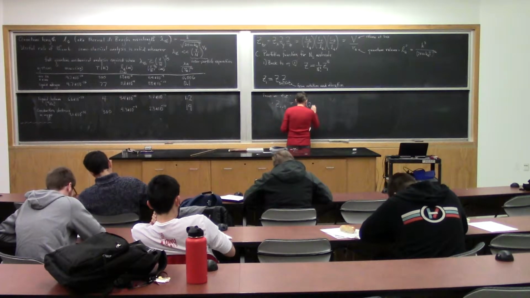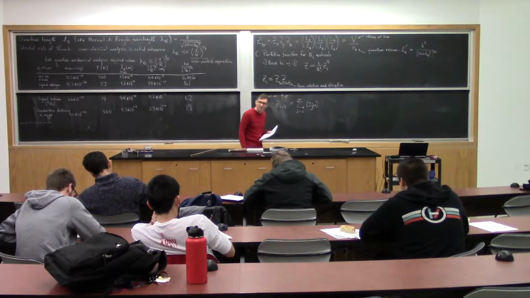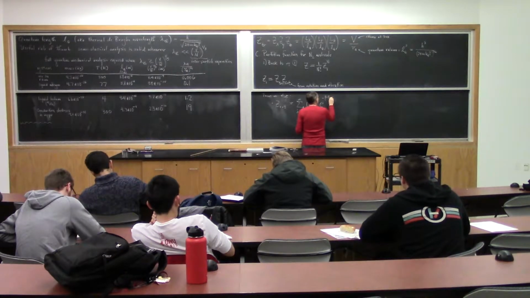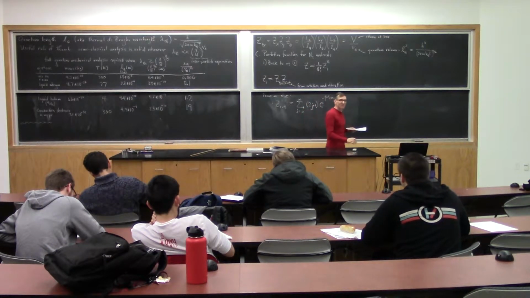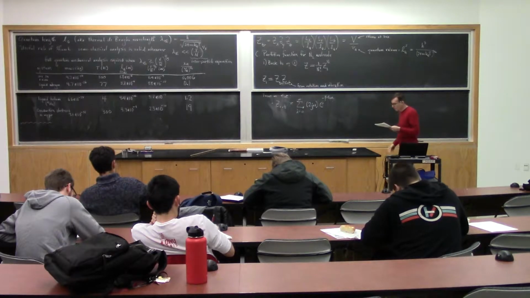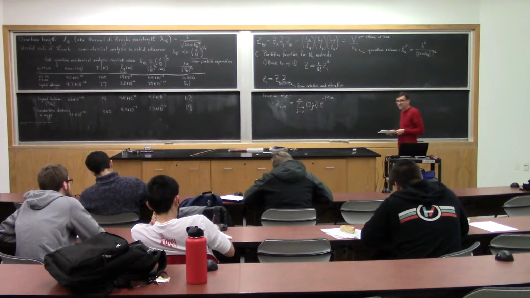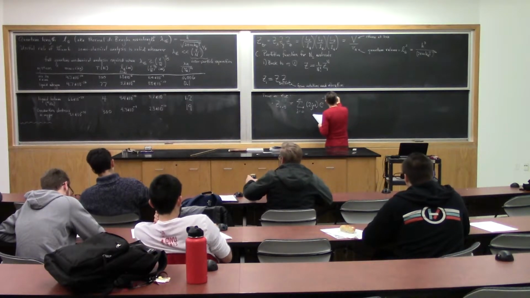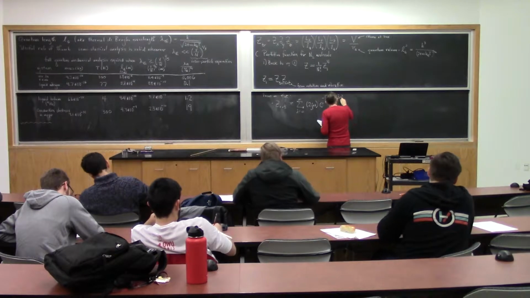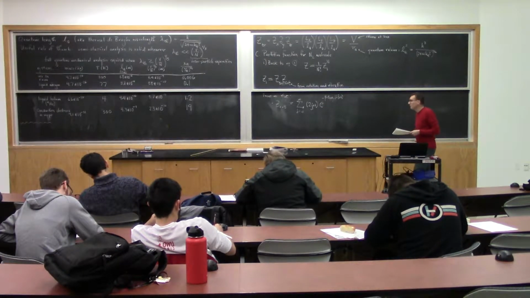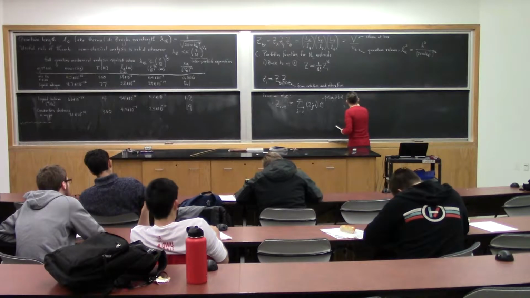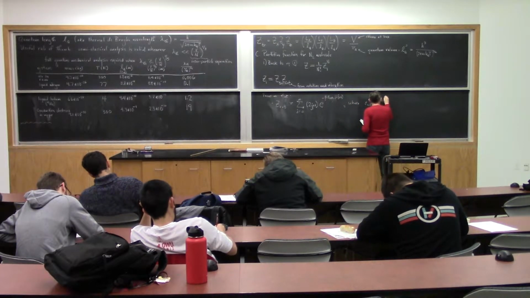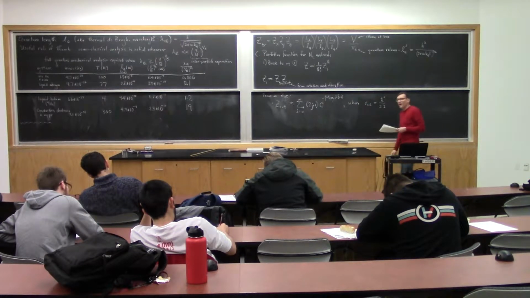There was a degeneracy factor of 2 times little j plus 1. And then the Boltzmann factor is e to the minus beta times the quantum of rotation, epsilon rotational, times j times j plus 1, where epsilon rotational is h bar squared over 2I, where I is the moment of inertia.